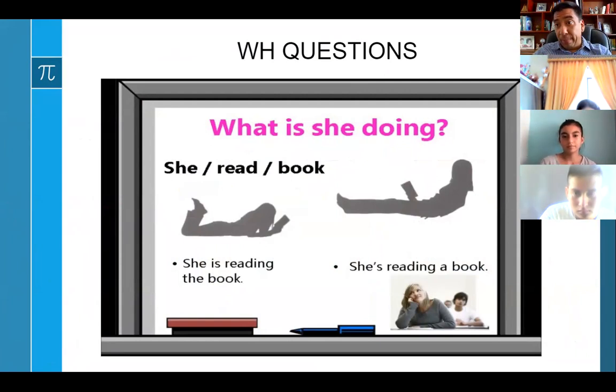Who for people, what for things, where for places, when for time, why for reasons, what time for a specific hour. So here in present continuous, we can also use WH questions.